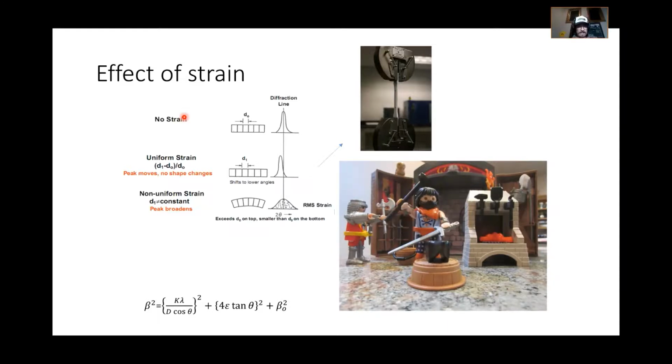K is some constant, generally arbitrary, generally 0.9. Lambda is your wavelength, and D would be your crystallite size or grain size. So there are ways to calculate strain based on diffractometry data.